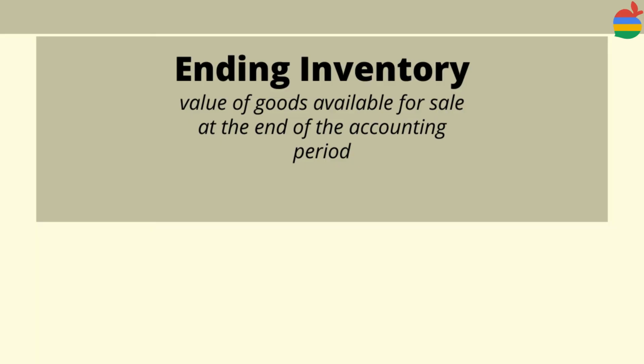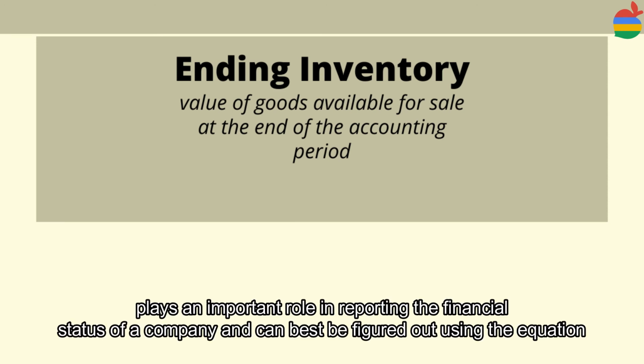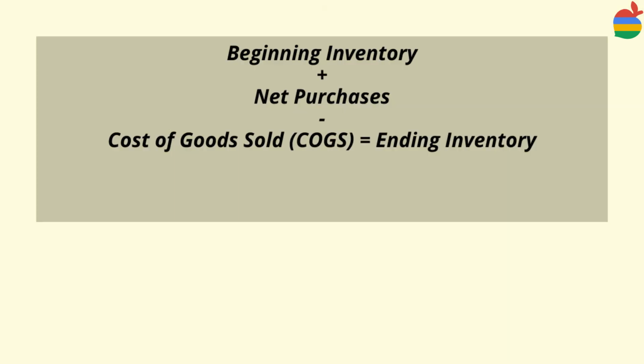Ending inventory is the value of goods available for sale at the end of the accounting period. It plays an important role in reporting the financial status of a company and can best be figured out using the equation of beginning inventory plus net purchases minus cost of goods sold equals your ending inventory.